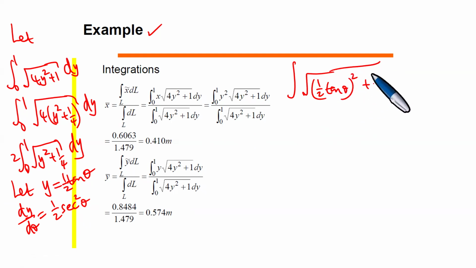And then you have 1/4, 1/4, and then you have dy, like this. Okay, there's a 2 that sits outside. Why am I putting the 1/2 tan theta? Because we want to make sure that this substitution works, but also want to make sure that the 1/2, when you square it, it becomes 1/4, and therefore the 1/4 is good.